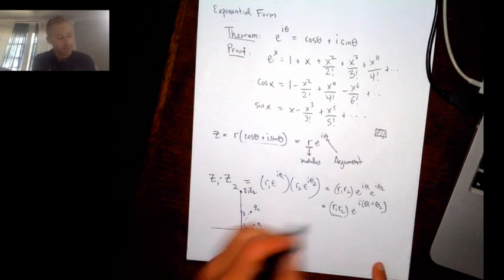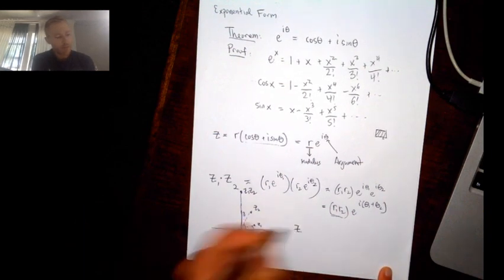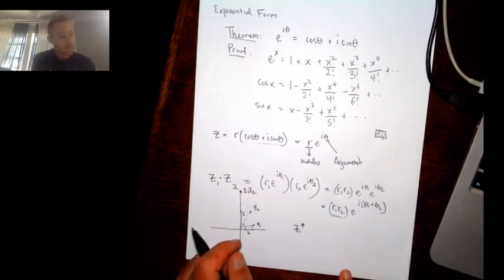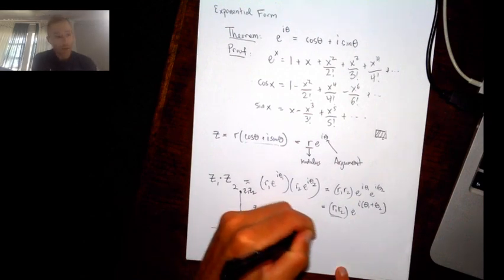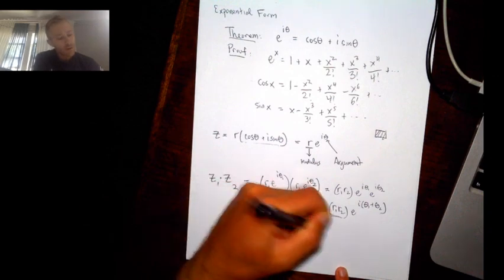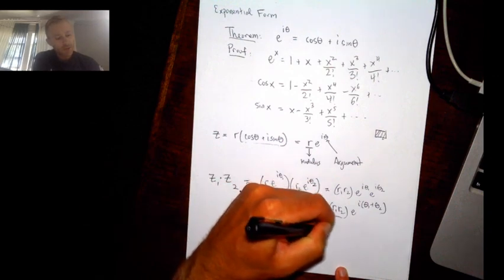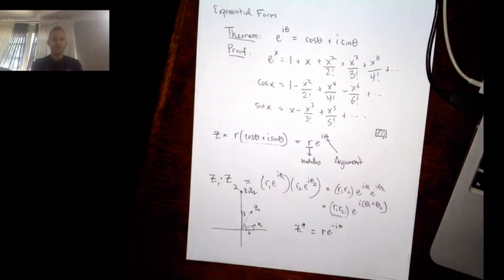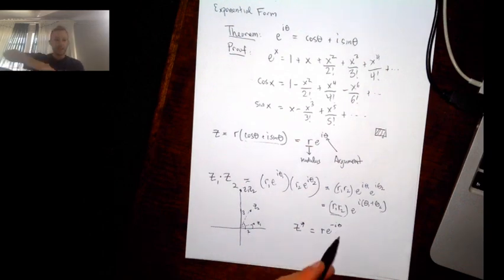Of course, if we take the complex conjugate of a complex number, it means you replace i with negative i. So you have r e to the negative i theta, and you can see that that's basically taking the angle and making it negative.